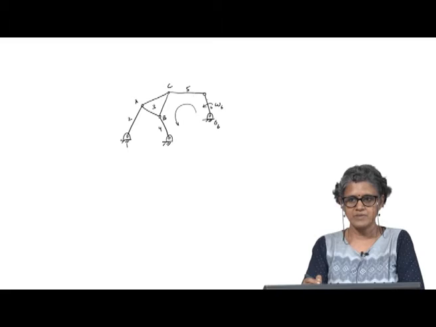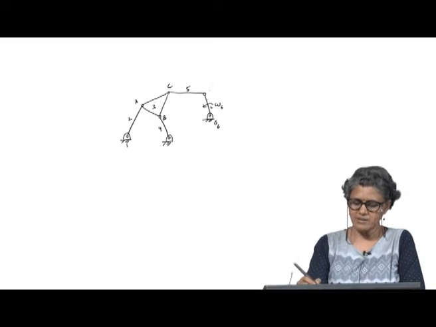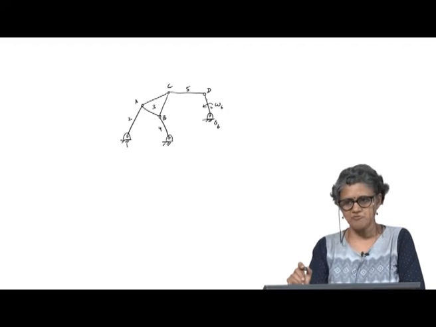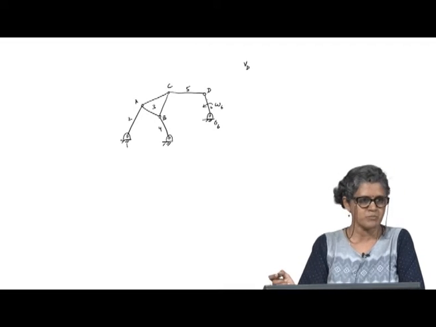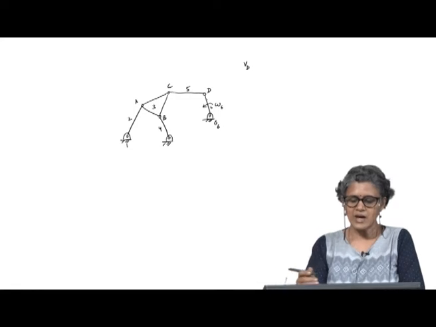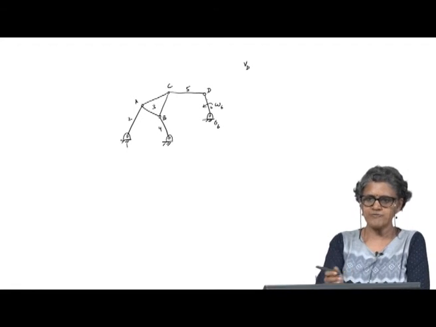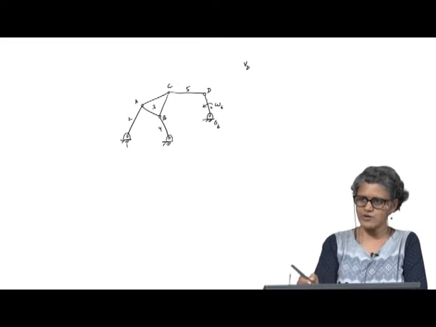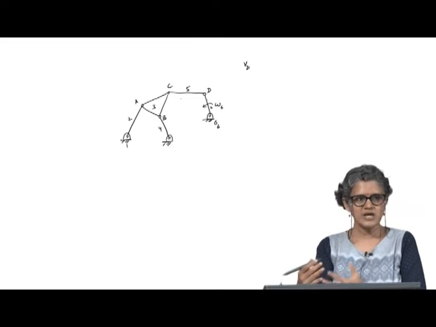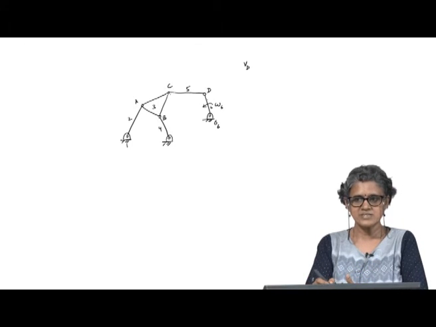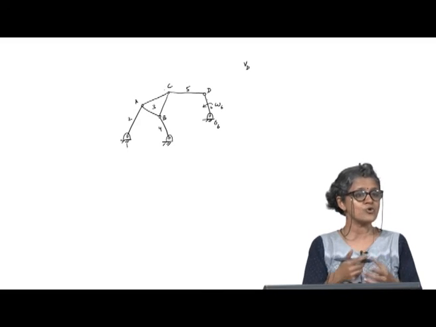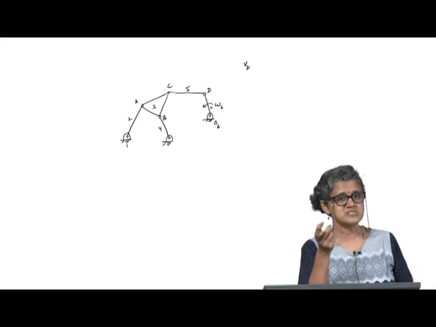link 5. So, if I try to find, say I know the velocity of point D, because that is my input, that is based on my input omega 6. Now, to move to the other links, I need to find another point on link 5 for which I know something about its motion, but in this case C is not part of a link for which I know the curvature of its path.